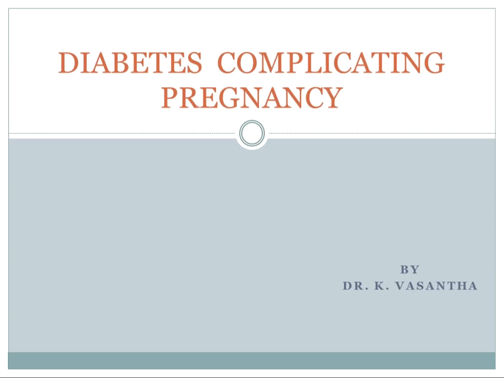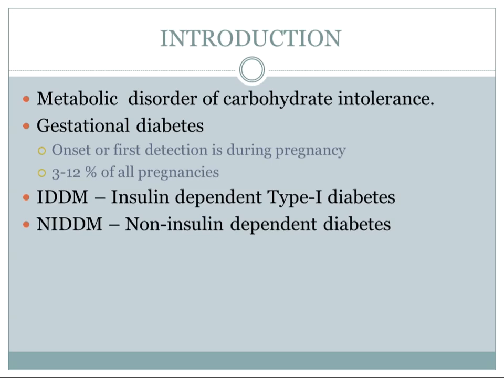Now, basically, how do we divide this diabetes as pre-gestational and gestational? See, previously, diabetes was called gestational diabetes, insulin dependent type 1 diabetes, and non insulin dependent diabetes. Now, the classification that we consider is two classes, pre-gestational and gestational.